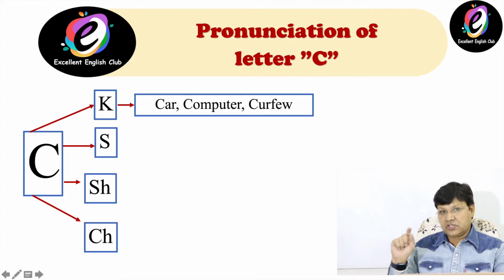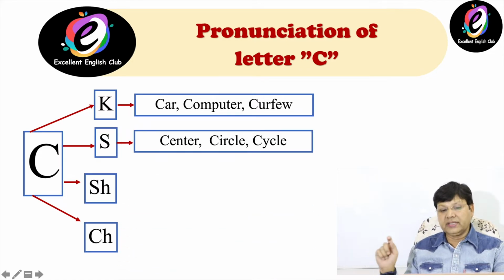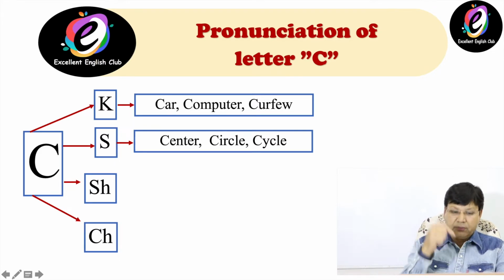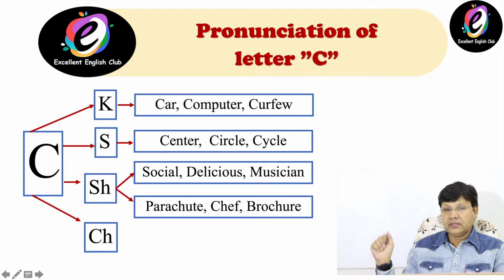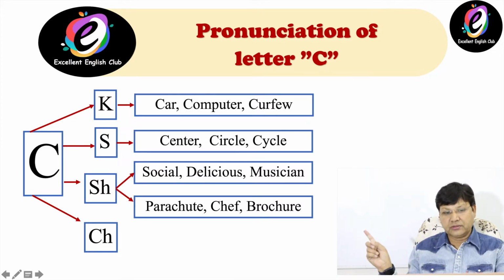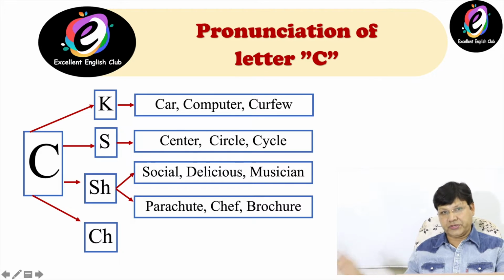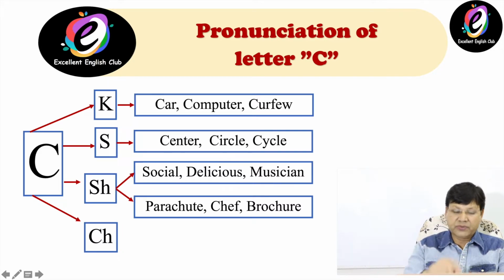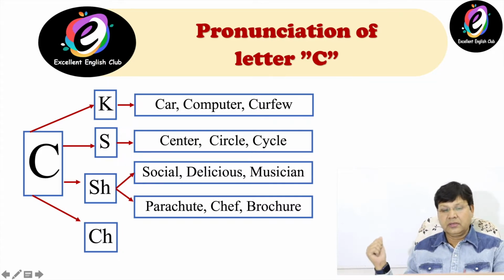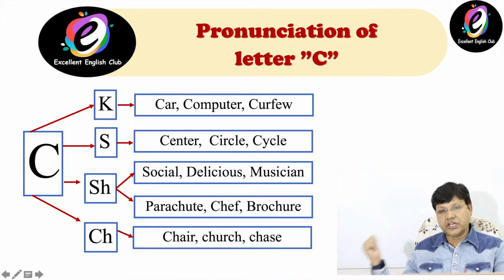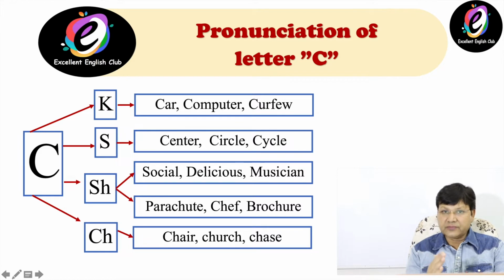Next, sa, like center, circle, cycle. Now, number 3, social, delicious, musician. Then parachute, chef, brush. The last one is chair, church, cheese. Okay? So these are the 4 different pronunciations of letter C.